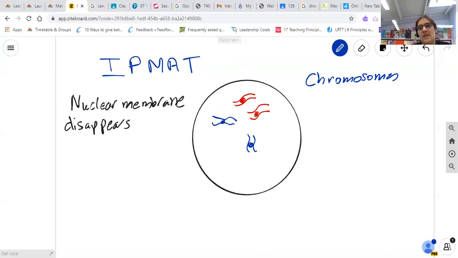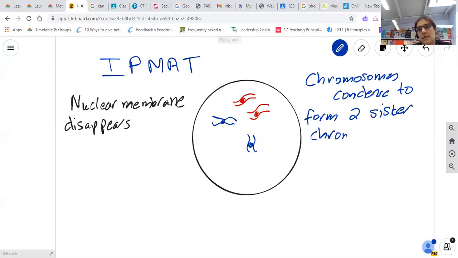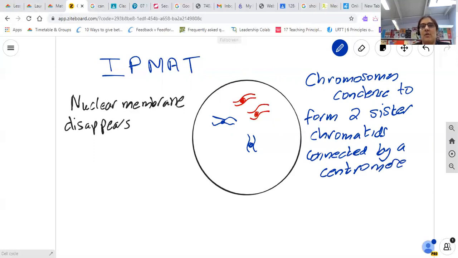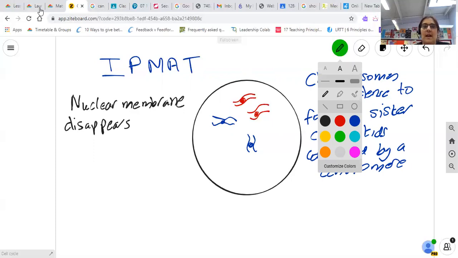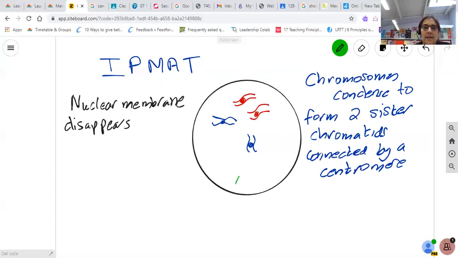and that's what you're used to seeing when you draw pictures of chromosomes, to form two sister chromatids connected by a centromere. Now, the other thing that will happen is that our centrioles, which are responsible for producing our spindle, will migrate and go to opposite poles.